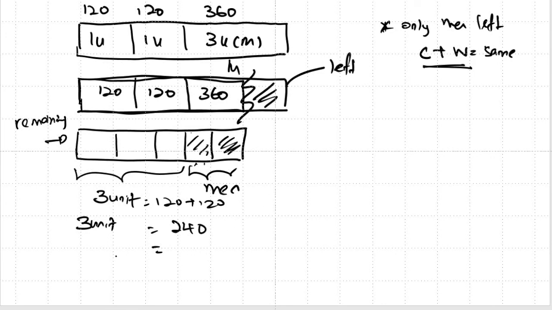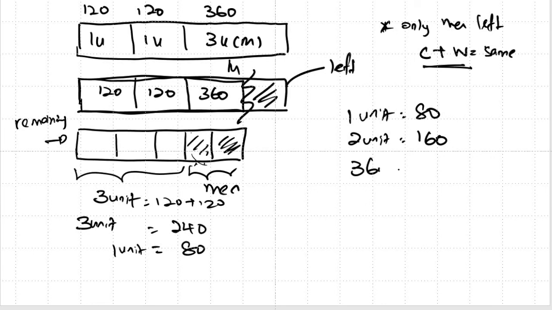So 1 unit is actually 80. So men, in this case, what is left? Men has 2 units left. If 1 unit equals 80, 2 units will equal 160. Initially, men has a total of 360. 360 minus 160 equals 200. So 200 of them left.